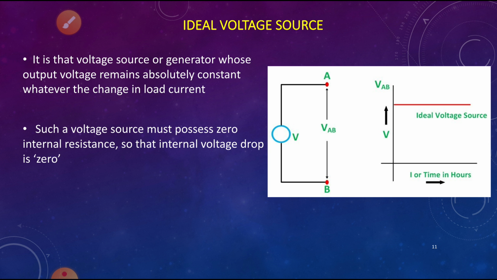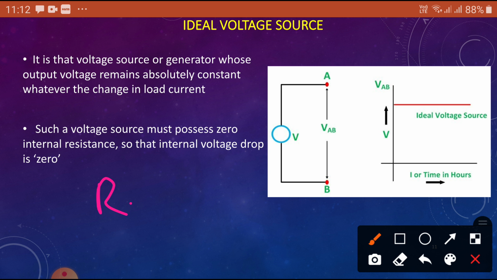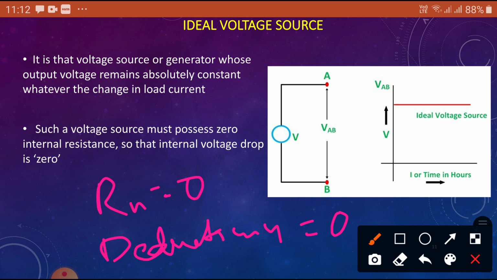So R internal, that is r, is equal to 0. That means whatever the deductions in your office should be 0, then total gross salary equals net salary. Here we assumed there are no deductions.